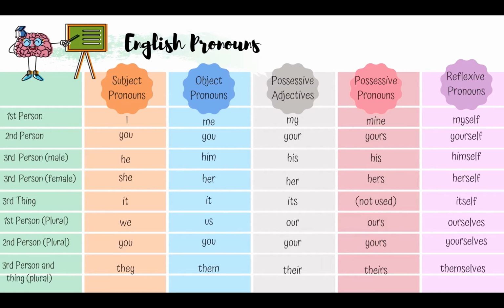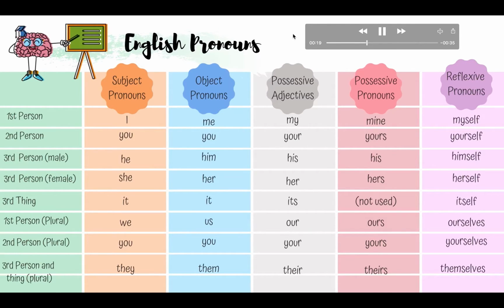So I am the person doing the dressing. I brush my teeth myself. I am the person who's brushing my teeth. So these are the reflexive pronouns. Make sure you study this table because that way it will help you correctly form the reported speech using the pronouns and the adjectives.